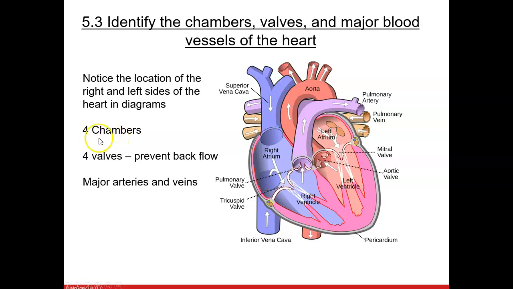There's 4 chambers. A chamber is a space. The 2 chambers at the top of the heart, each is called an atrium. An atrium in a building is the entryway. And so I'm going to try to convince you that the blood is flowing into the heart from the top to the bottom. Both of the 2 atria, or 1 atrium, is where the blood enters.